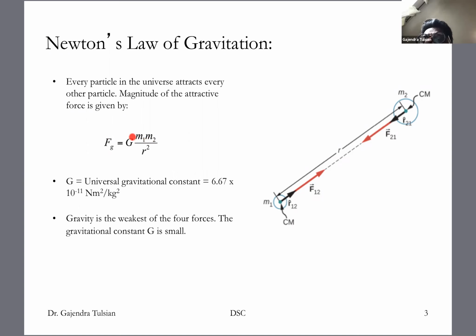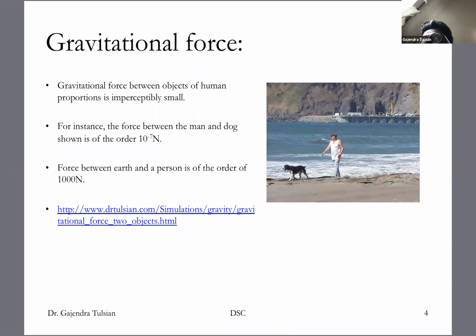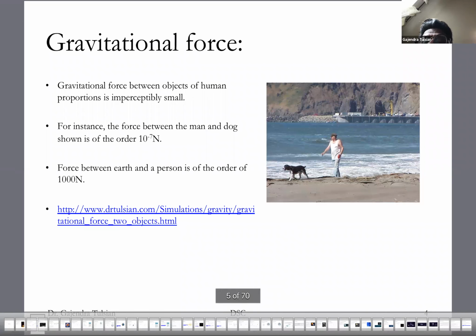Like I said, gravity is the weakest of the four forces because the gravitational constant is small. As we mentioned, the force between this guy and his dog is 10 to the minus 7 newtons. The force between him and Earth is 1,000 newtons, 10 billion times greater.